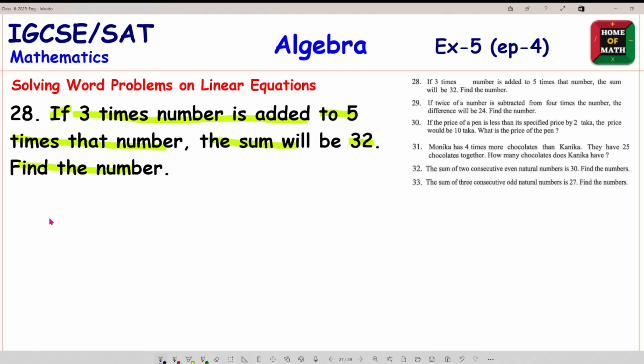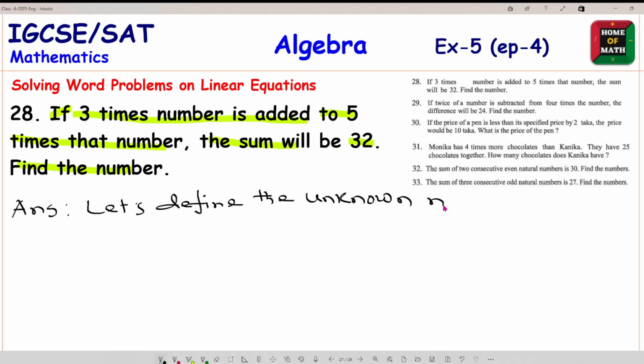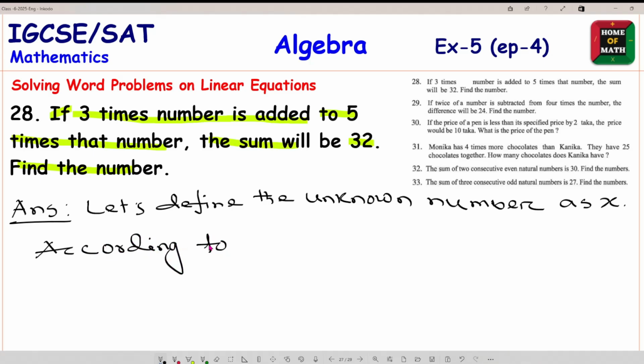So we don't know the number, therefore we can write, let's define the unknown number as x. Okay, according to the problem.